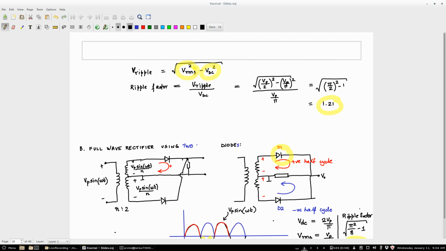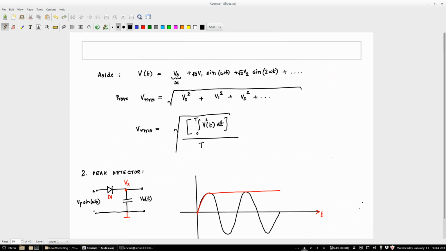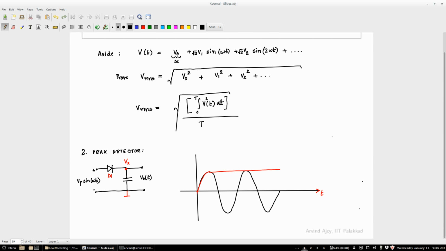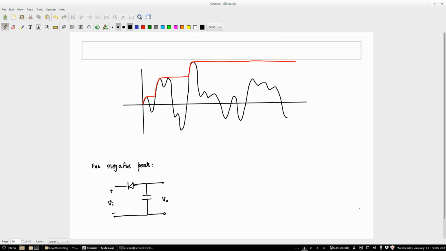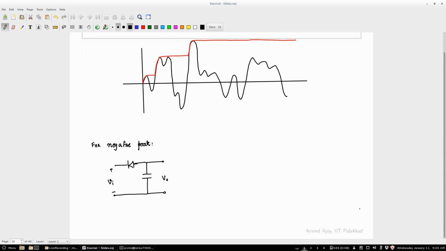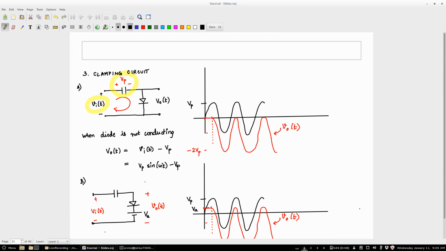Okay. With that, basically, we have done a whole lot of circuits. So what did we start with? Right. We started off with rectifiers. We looked at the half wave rectifier, then the full wave rectifier using two diodes.